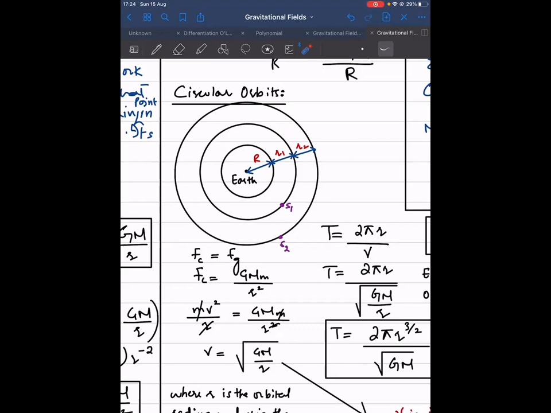और of course वो डिपेंड करता है मास पे. ठीक है ना, क्योंकि दरअसल आप स्पीड कैसे कैलकुलेट करते हैं, you have Fc equivalent to Fg for any orbit, for a satellite moving in any orbit around the Earth within its gravitational field. The source of Fc is going to be Fg.